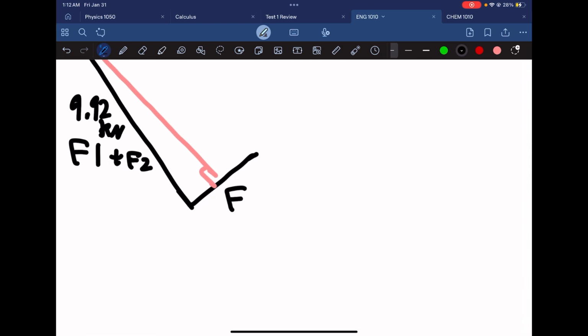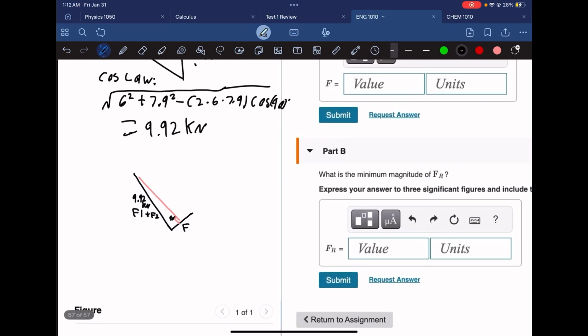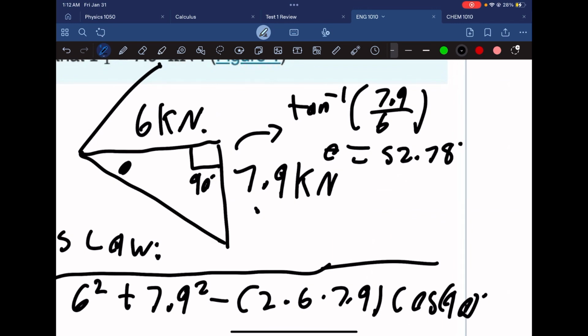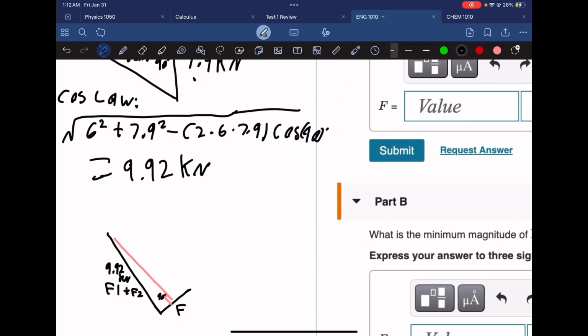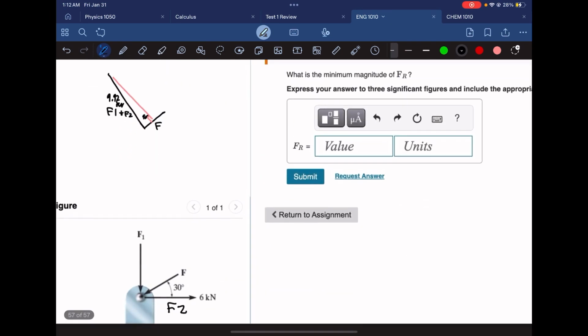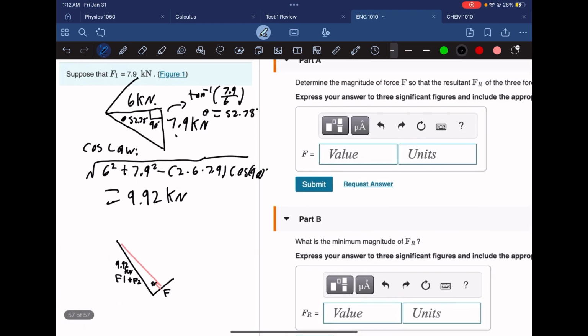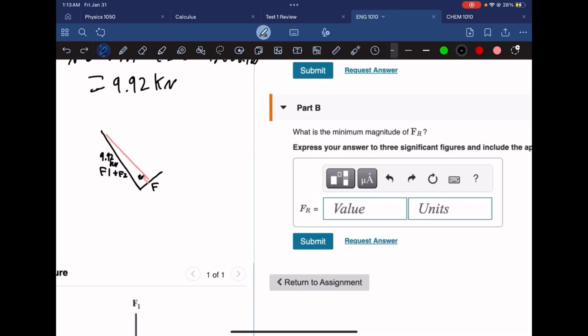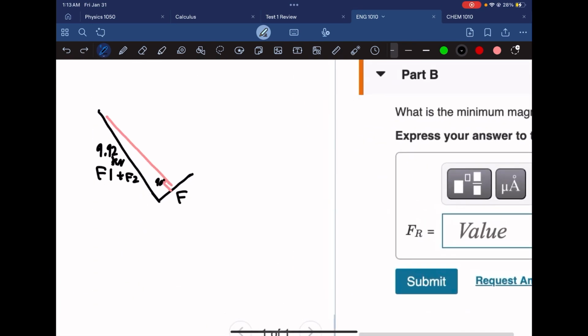We know this is 90, and we've just solved for this angle, which is 52.78, and we are given this angle, which is 30.